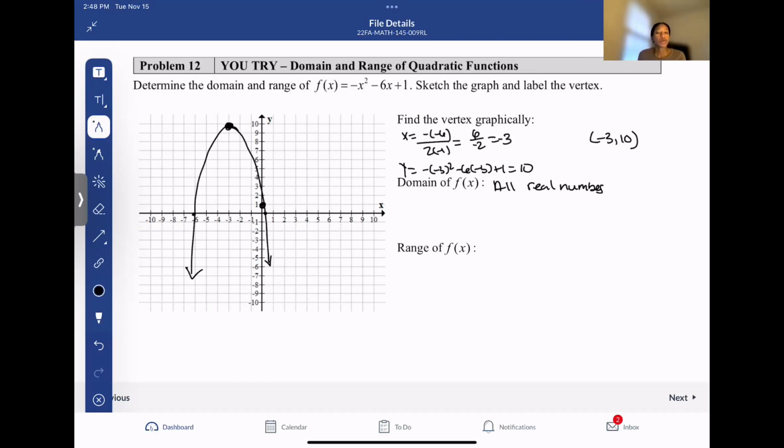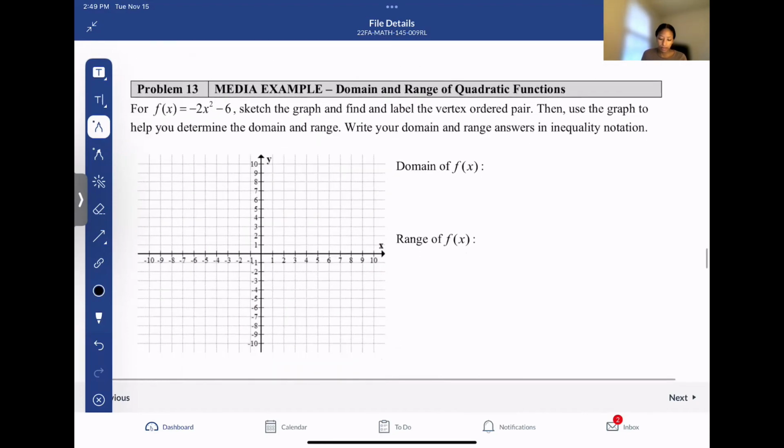Then that brings us to the question of the range. In this case, 10 is the highest possible y value we can get. That means our y values are going to be less than or equal to 10. That's the range.